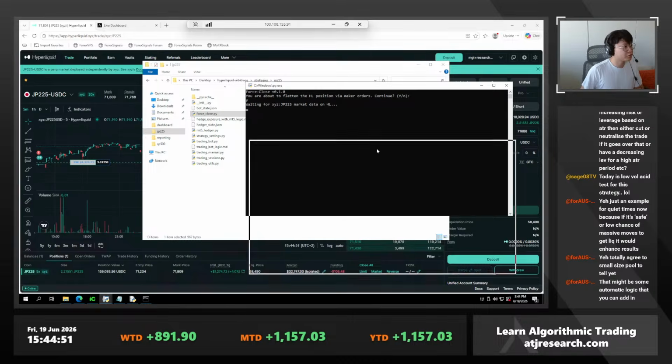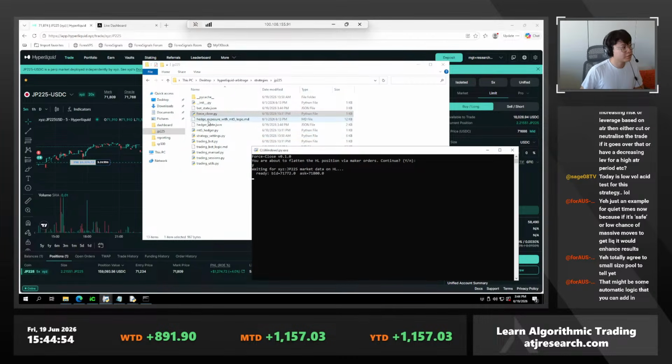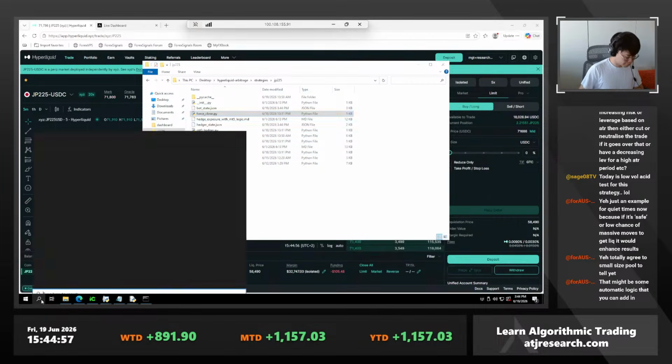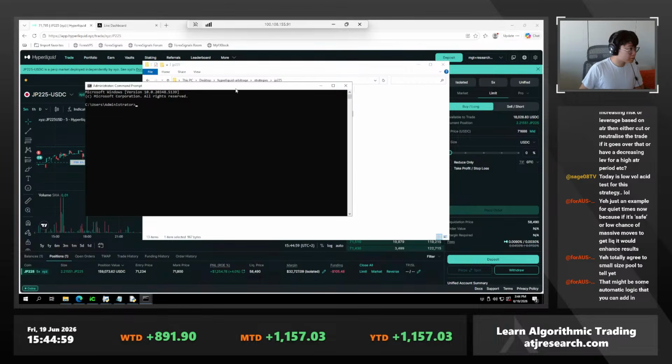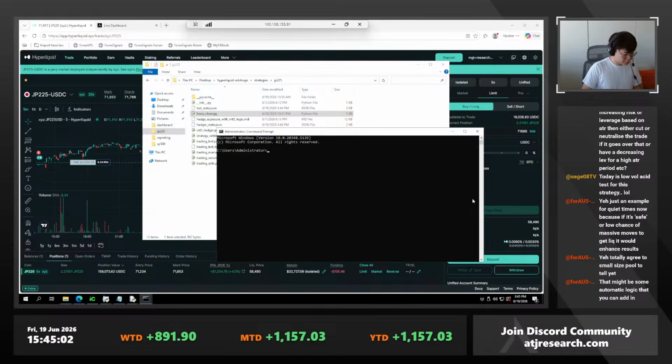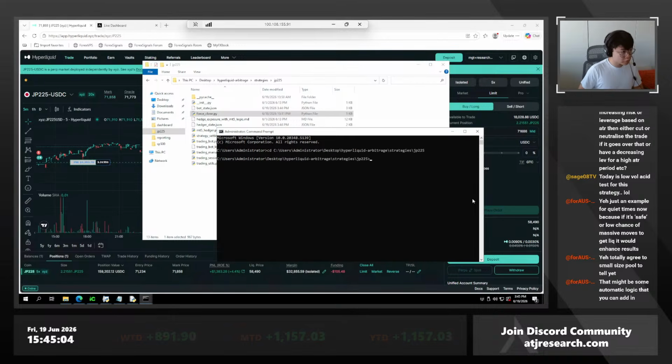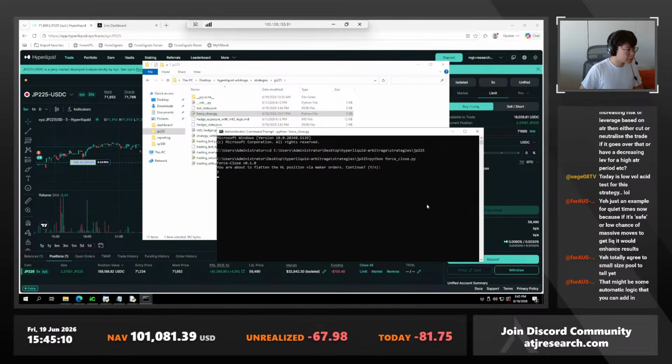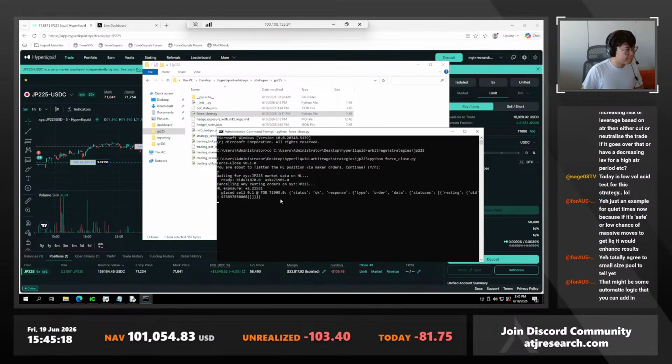So yeah, I feel like that's the most correct. So there is my force close function. I haven't run this function in a long time, so maybe the new changes don't work with it, but let's try to see what the issue is. Somehow it crashed, but now it seems to be working. And also JP225 is very illiquid, right?